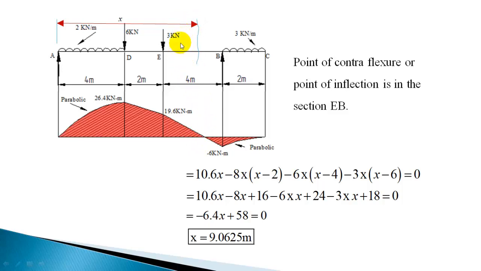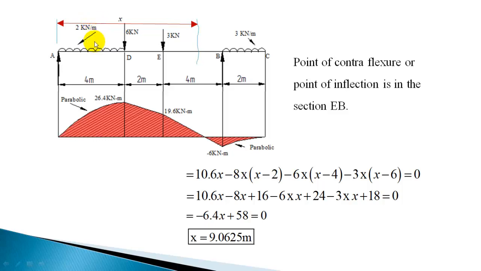It may be very close to 6 meter or nearer to B, that is 10 meter. So x can be from 6, that is at E, to B, that is 10. The validity of x is 6 to 10. So if you write the bending moment equation, you have this reaction 10.6 into x, and the resultant load of this UDL is 8 kilonewton.